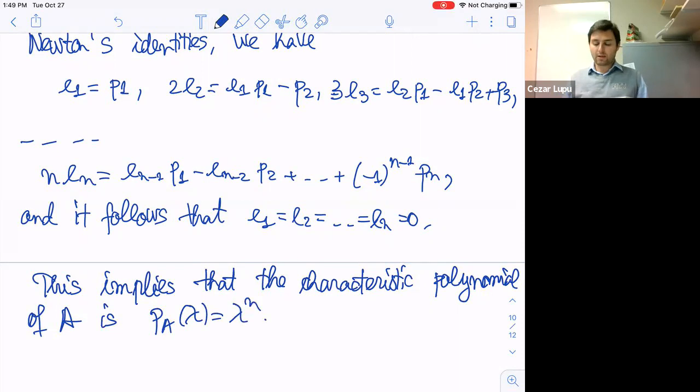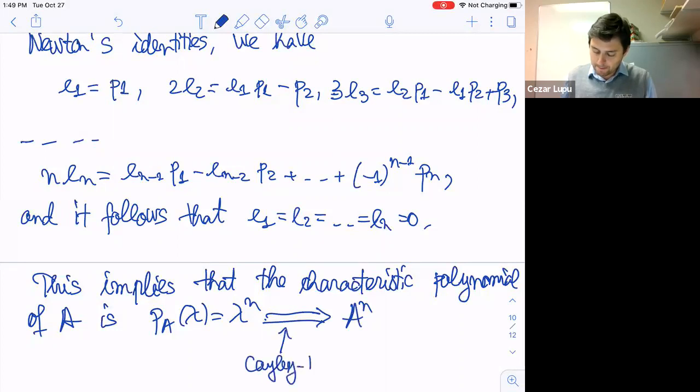And from here it follows immediately by Cayley-Hamilton, which is the missing ingredient here, that A to the power n is 0, and that's it.